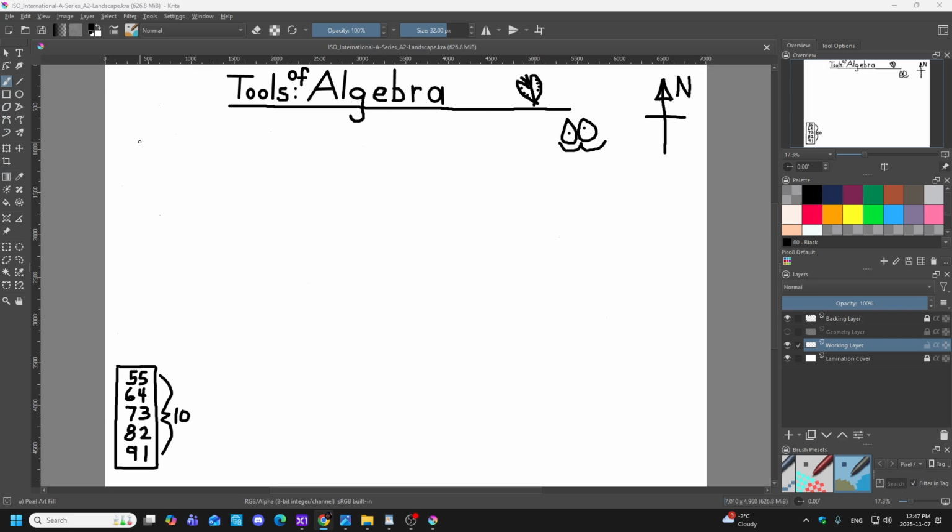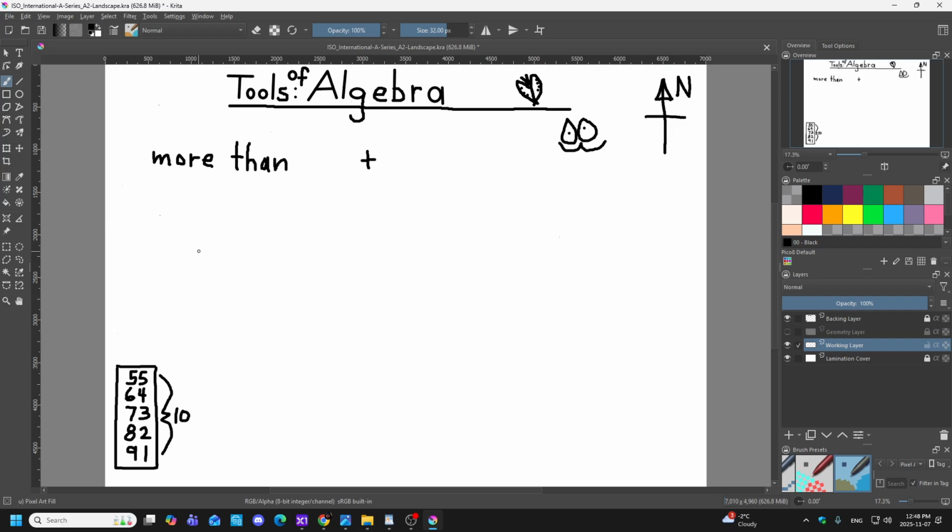The words more than suggest addition. Let n represent the number.